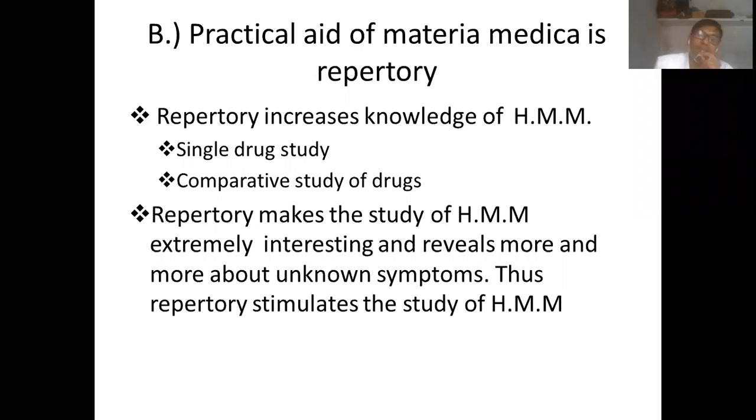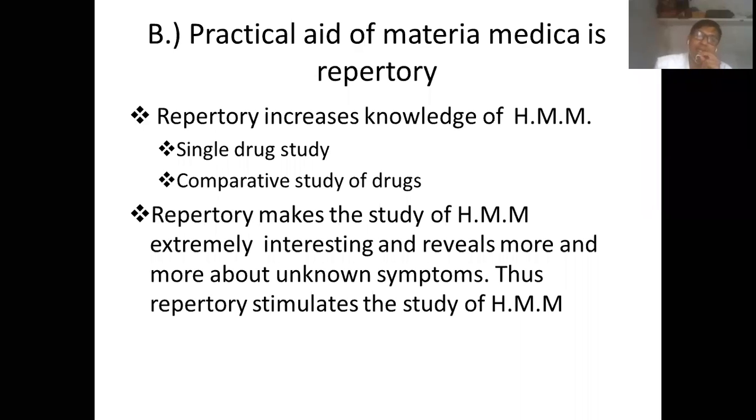And this information collected from the repertory is superior to the usual study of homeopathic materia medica, because the usual study is a partial study when we limit ourselves to a single textbook or a single source book.